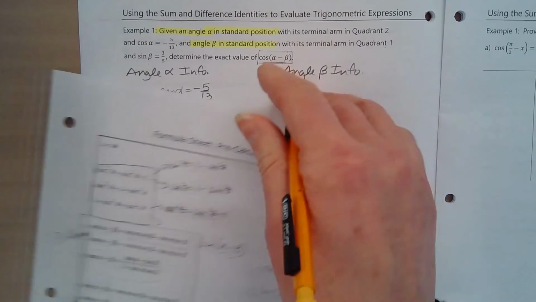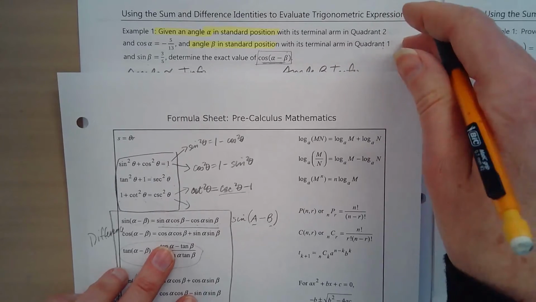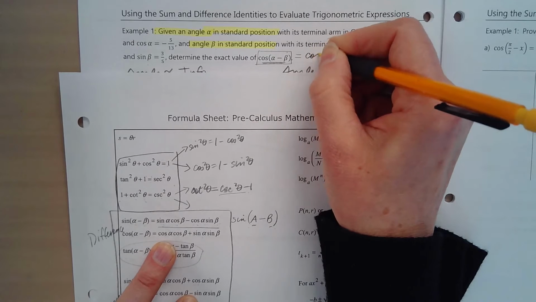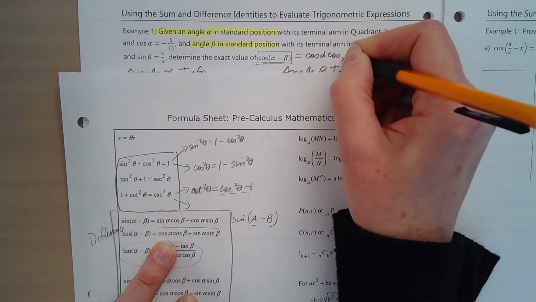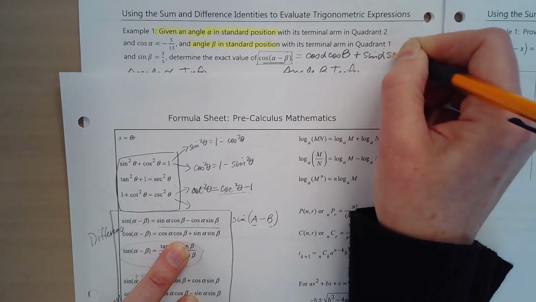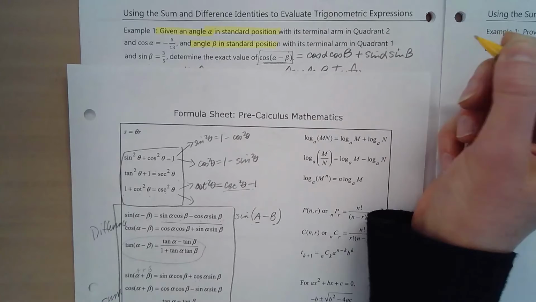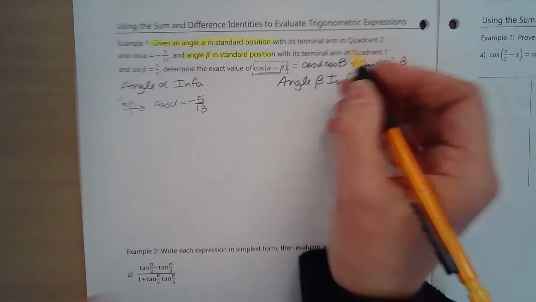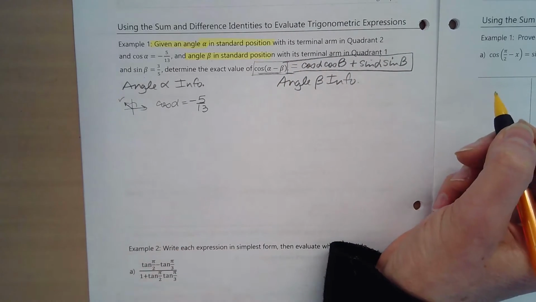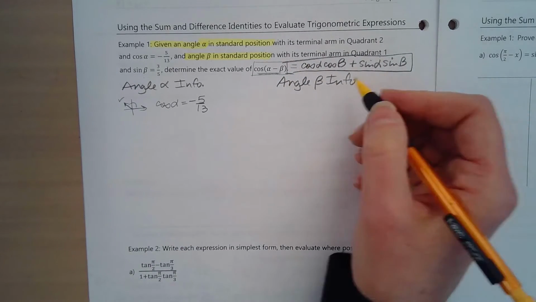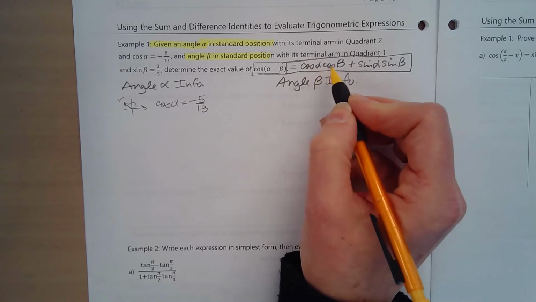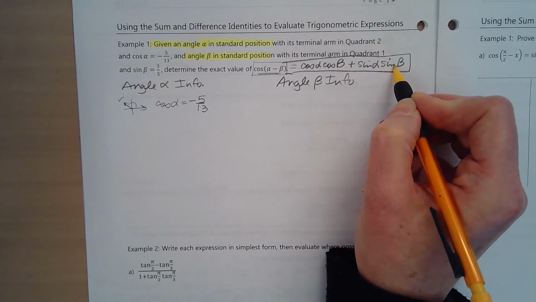Cos of A minus B is your second difference: cos of A times cos of B plus sine of A times sine of B. It's just a formula, but there are four numbers or ratios associated with it.